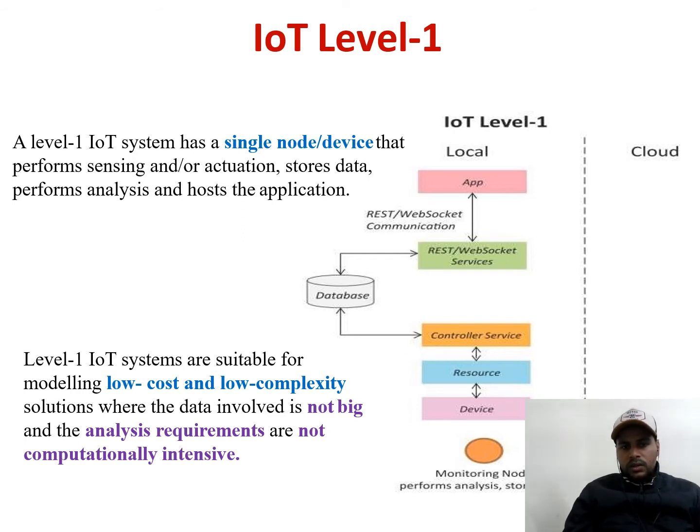Level 1 IoT systems are suitable for modeling low cost and low complexity solutions where the data involved is not very big and the analysis requirements are not very computationally intensive. This is basically for low cost, low complexity solutions where the data size is very small.